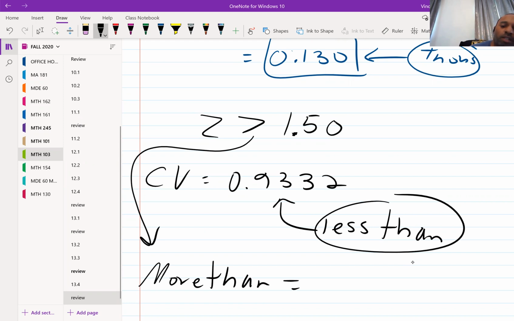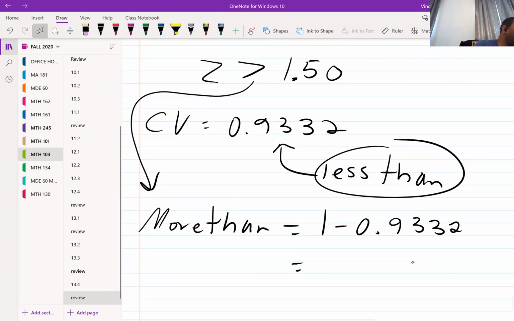So you're going to take that chart value and subtract it from 1. That'd be 0.0668.